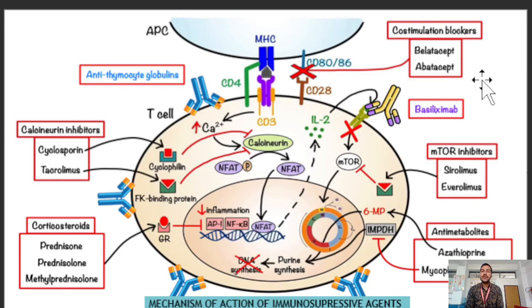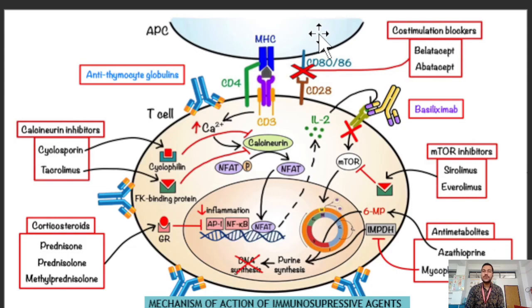Now these two drugs, belatacept and abatacept, will inhibit the binding between the CD80/86 and the CD28. What happens when this binding is stopped? When this binding is stopped, then the signal transduction is not properly made.